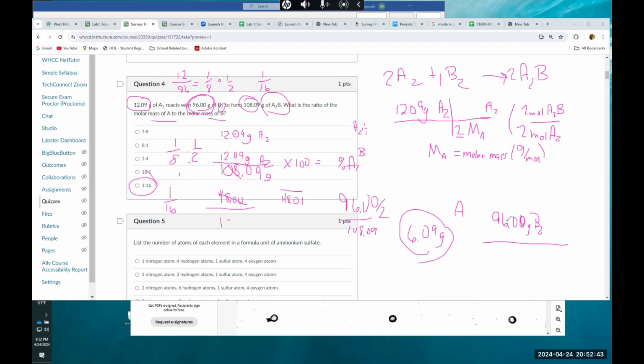Okay, so then we're dividing it by, in this case, 2 times the molar mass of B. Okay, so then same process, this will be B2, and then we end up with that ratio of this to this. Is it 2 to 1? Yep, 2 to 1.